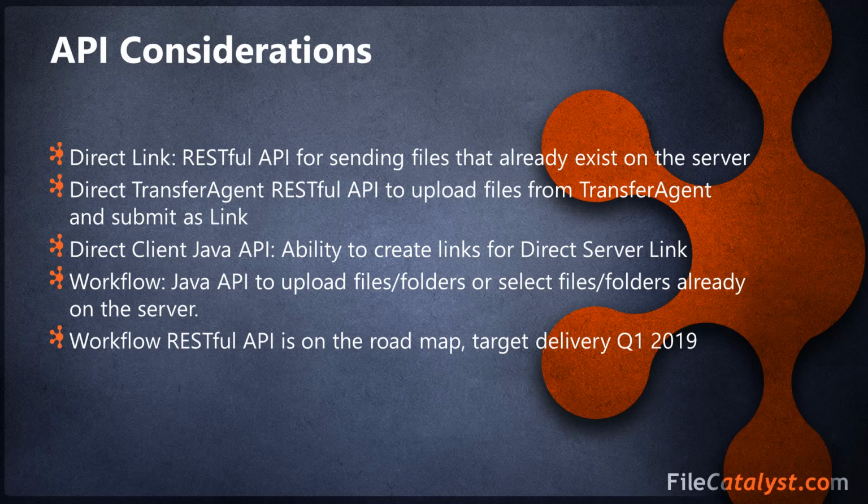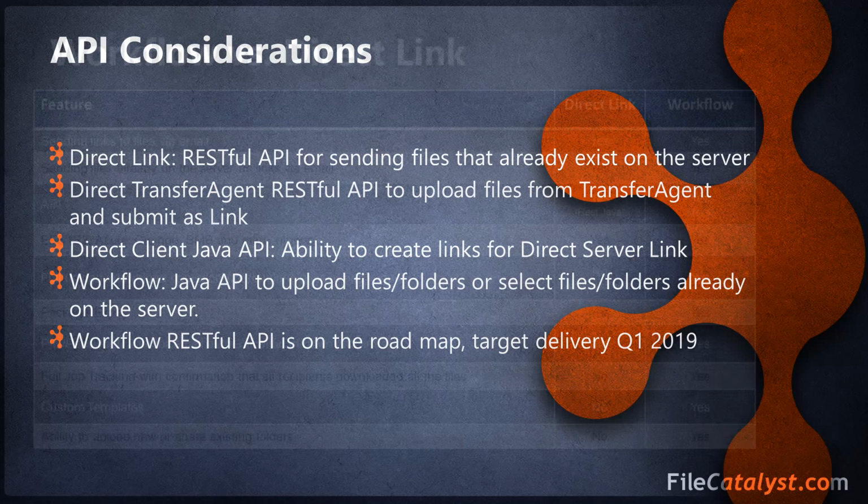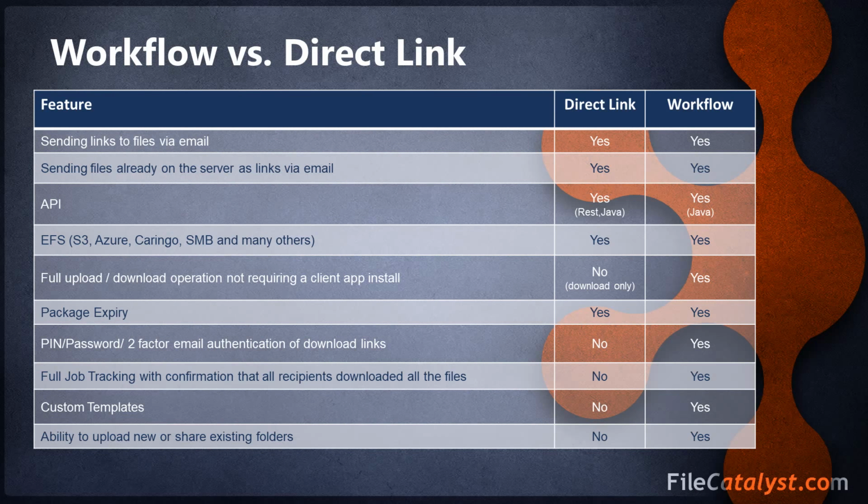All of this is done through a Java API. The workflow doesn't have a RESTful API at this moment, but it is on our roadmap. We're hoping to deliver that RESTful API on workflow in Q1 2019, but it's something coming up. So that's really what the API is.